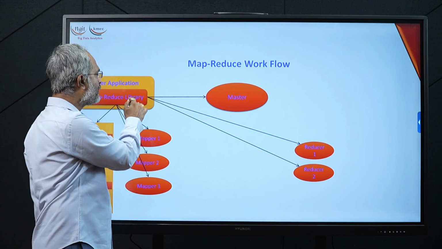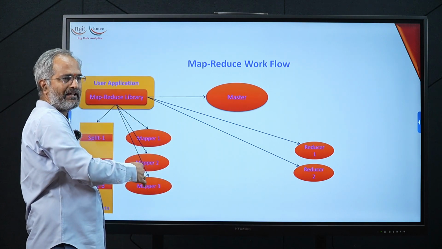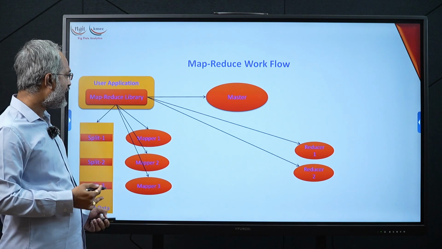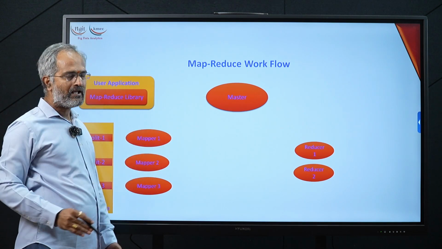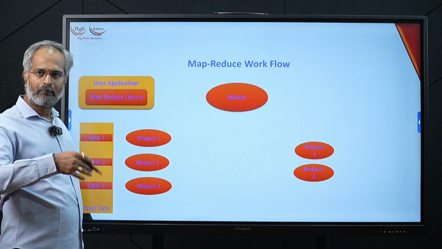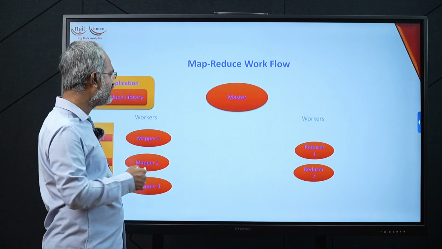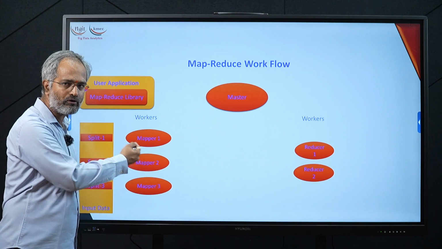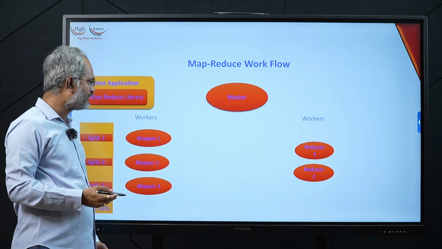It will copy the entire application to all these machines, and then hand over the control to the master, and the master will control all the processes from here onwards. That is the master, and these are the workers. There are two types of workers available: one is the mapper and another one is the reducer.